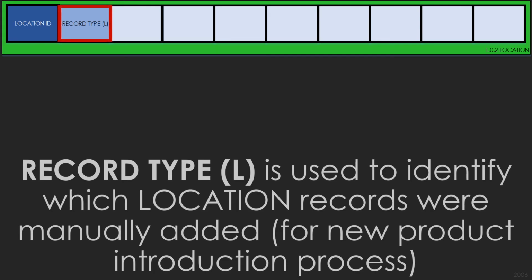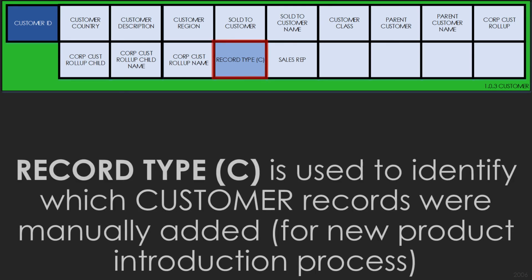Record type L is used to identify which location records were manually added for the new product introduction process. Customer. Record type C is used to identify which customer records were manually added for the new product introduction process.